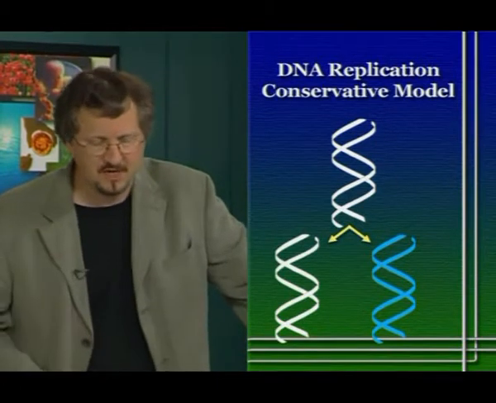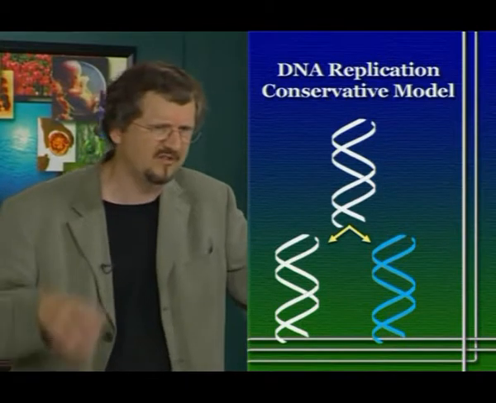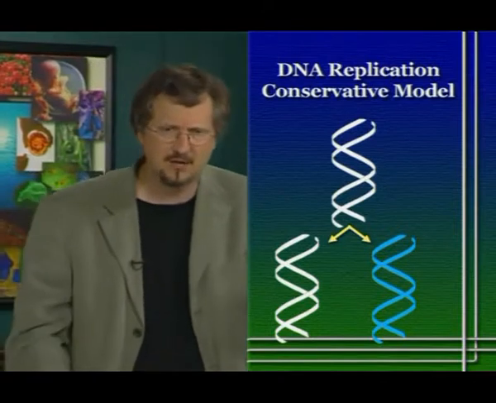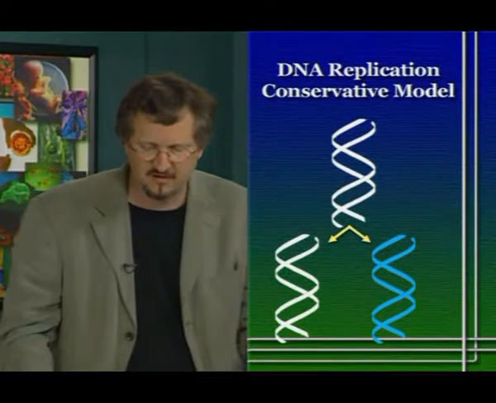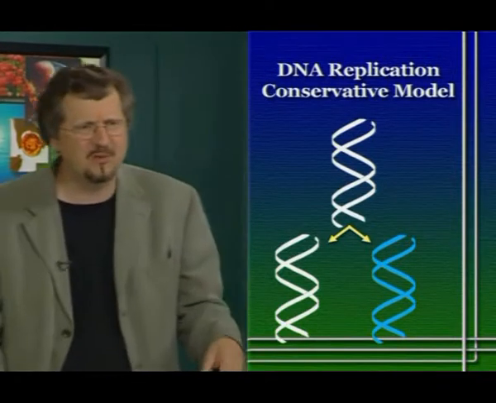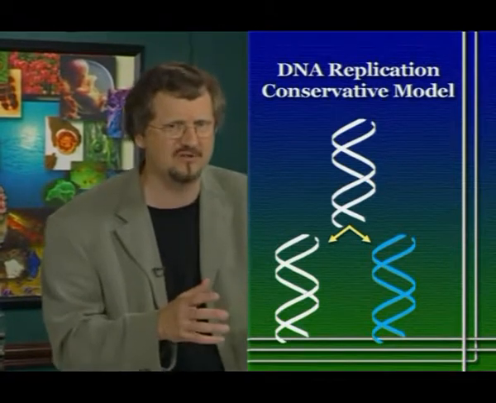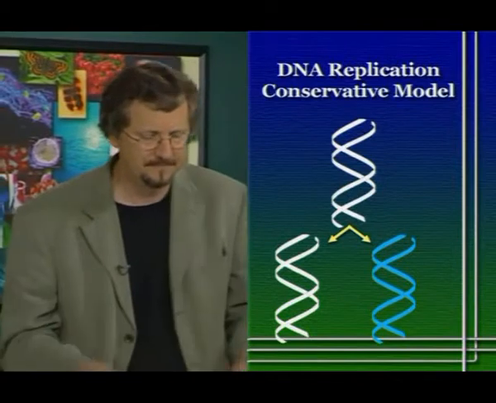This alternative was called the conservative hypothesis, or the conservative model of replication, because the original DNA double helix molecule remained completely intact and conserved. The idea must be that there was some intermediate molecule that got information from the structure of the DNA helix and used it to build a completely different helix.